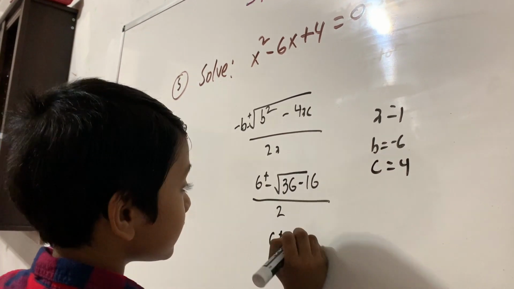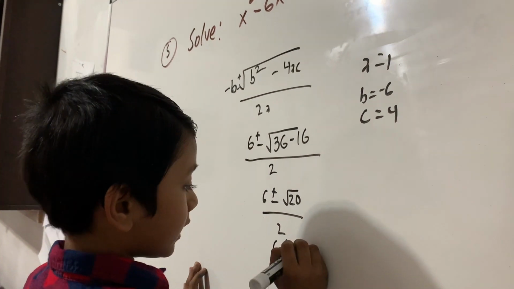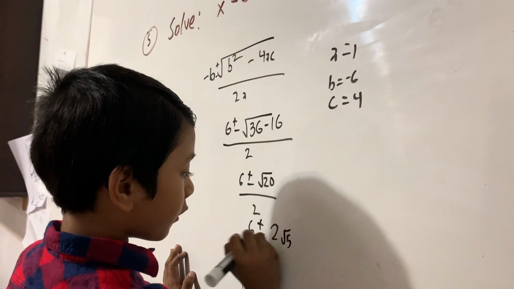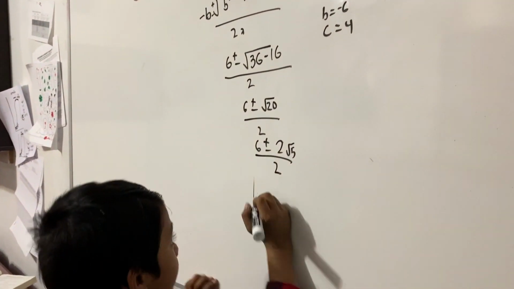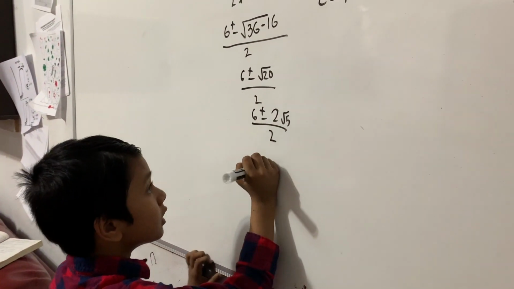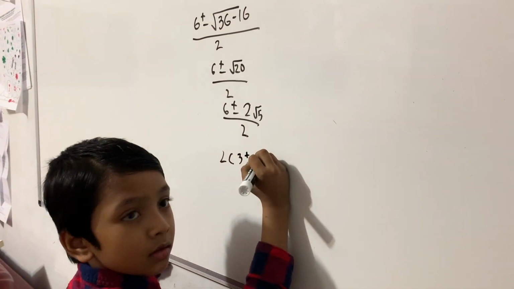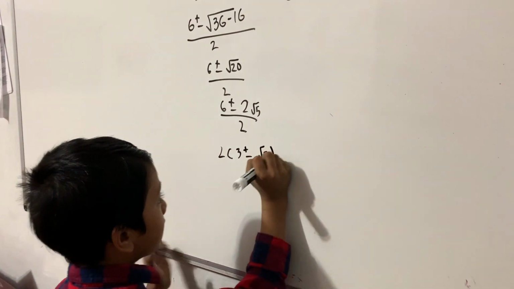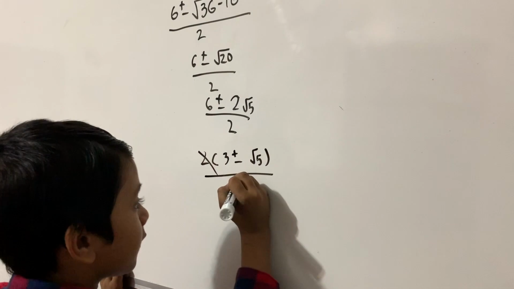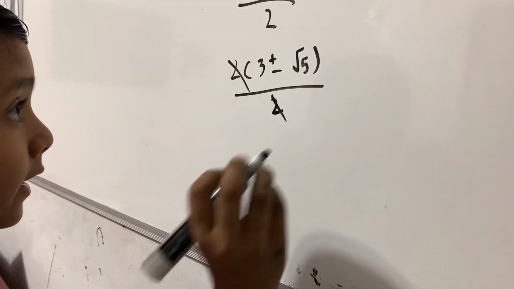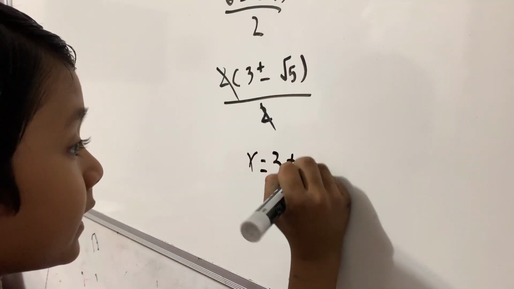6 plus or minus root 20 over 2. This becomes 2 root 5 over 2. And now we factor out 2 here. So we get 2 parentheses 3 plus or minus root 5 divided by 2. These cancel out, and x is equal to 3 plus or minus root 5.